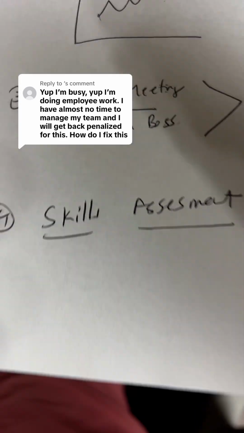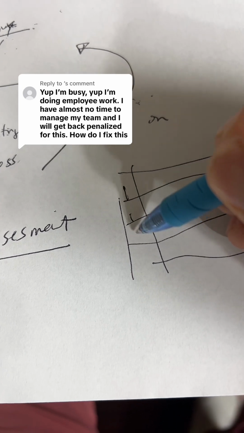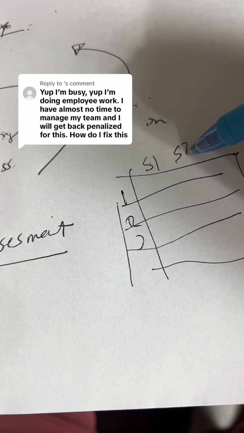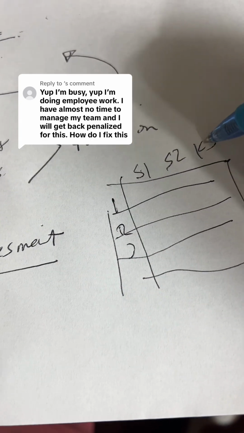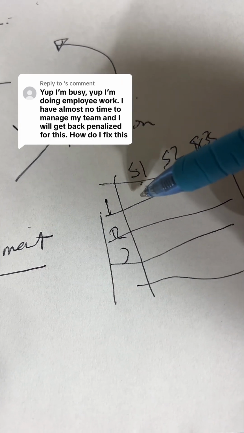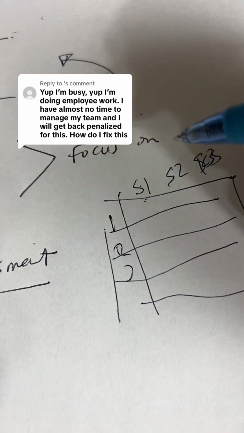Now, the other thing is your skills assessment. You've got to make sure, because we have a matrix that we created and you can use, where you have employee 1, 2, 3, and you have skill 1, skill 2, and skill 3. Then you assess that skill on a value of 1 through 4, right?